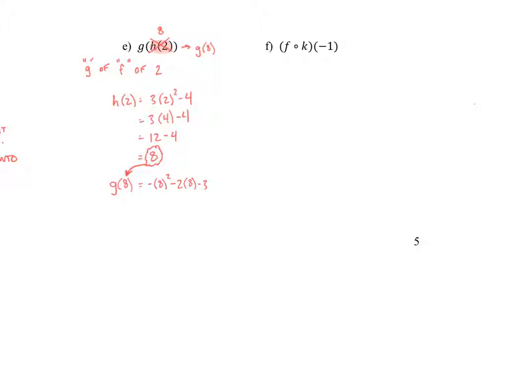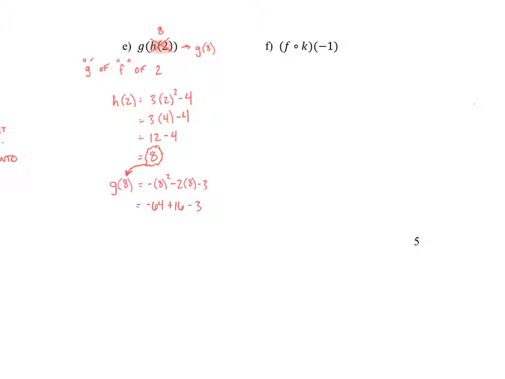So negative 8 squared. Now be careful here because the 8 is being squared, not the negative 8. So 8 squared is 64, and the negative has not been dealt with yet. So this is negative 64 because the negative is on the outside of the parentheses. Minus 16 minus 3. Sorry, I think I made a mistake, and that's supposed to be a plus sign.